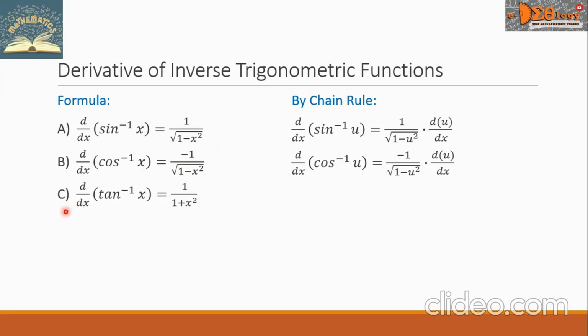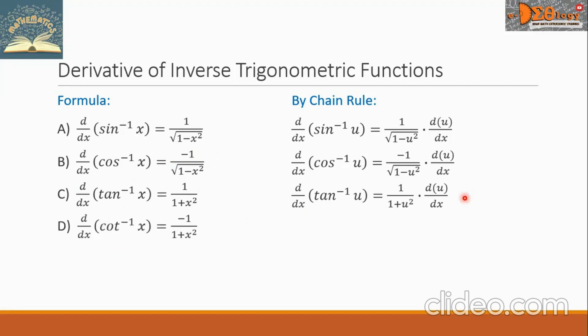Third formula, derivative of tangent inverse of x. This is equal to 1 all over 1 plus x squared. By chain rule, the formula becomes like this. Fourth formula is d over dx of cotangent inverse of x.